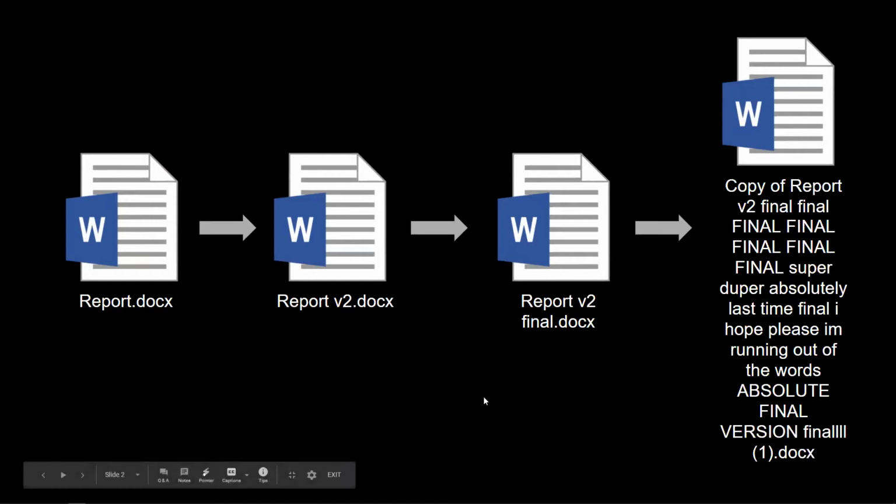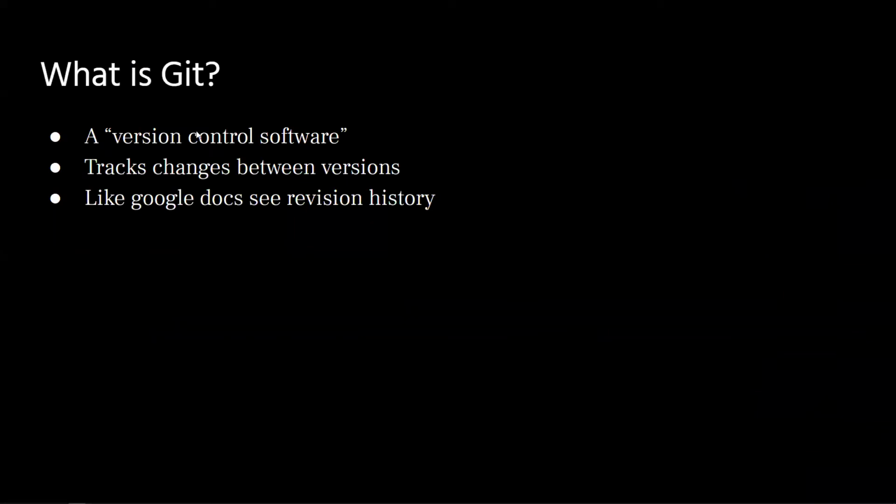And this, as you can tell, is not too bad for one file and one report, but the more files that you have, especially with something as large as your FTC project, this is going to get really hard to manage and really hard to keep track of. So that's why we have Git, which is a version control software, which basically helps us track changes between versions. And it's like a Google Doc where you can see the revision history.